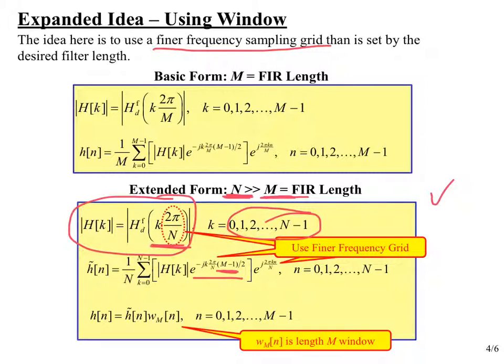Do the inverse DFT with N being the size of our DFT, and that gives us an h tilde of n, which is very long. The final thing that we do is truncate to length M and apply some non-rectangular window to that. That non-rectangular window simultaneously truncates it and reshapes it. And so that's the basic idea of this approach.